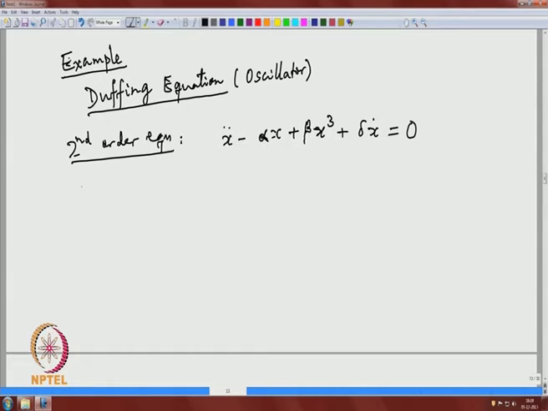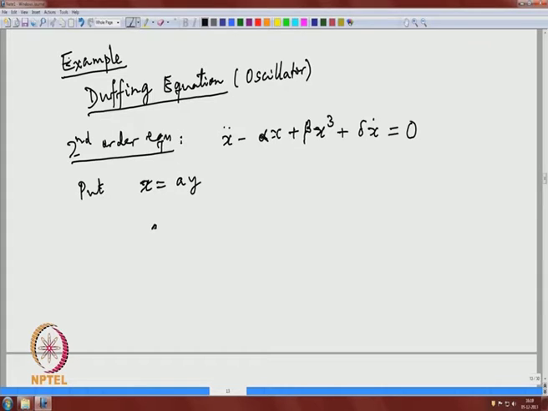Okay. So, put x equal to a y. So, let me put that, it is easier. So, x equal to a y, and a is a constant, I am going to choose a little later what a should be. Okay. So, if you substitute this x equal to a y, now y is a new unknown function.